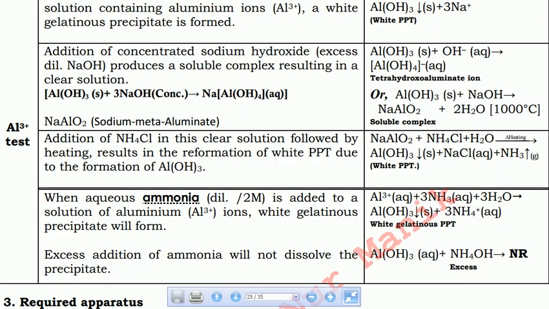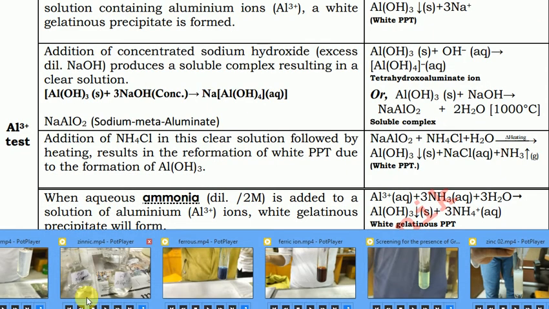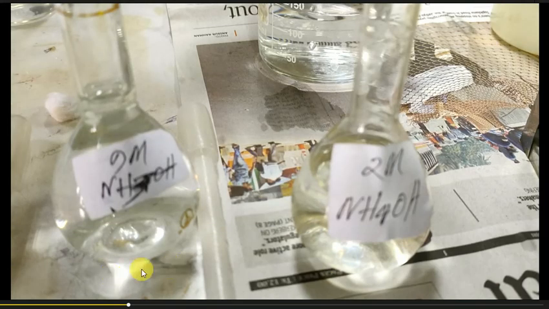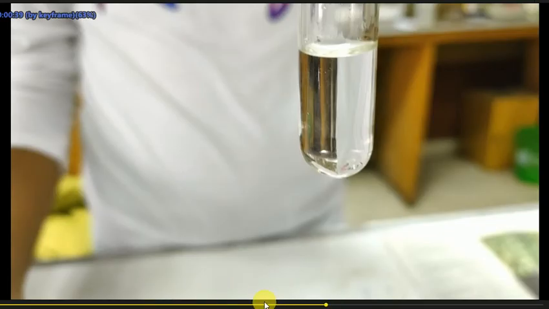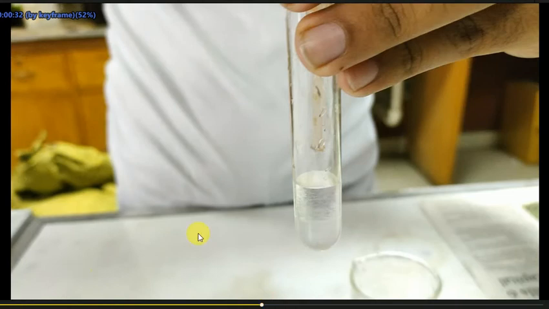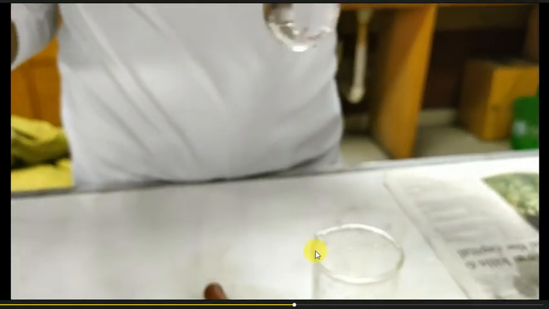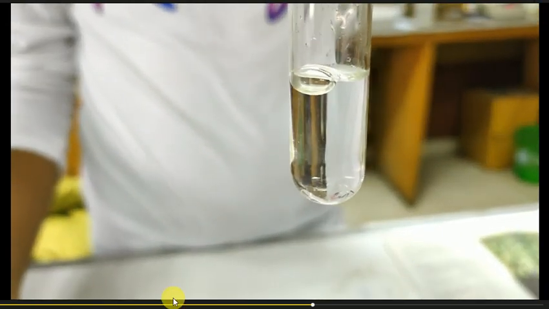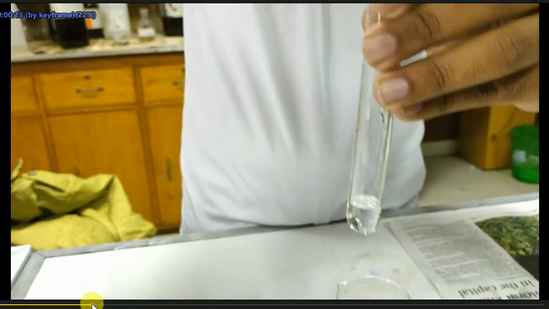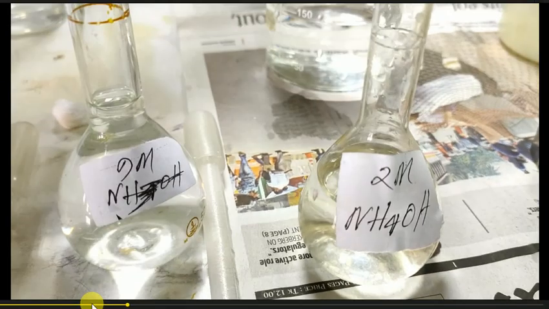Hope you have understood the test for the presence of aluminum ion and zinc ion. There is a difference between the test of zinc ion and aluminum ion, and in case of zinc ion you can see that the precipitate dissolves. We are going to add dilute 2M ammonium hydroxide into this solution.